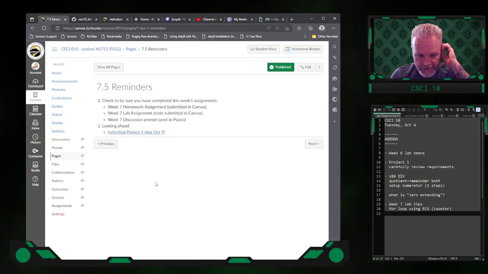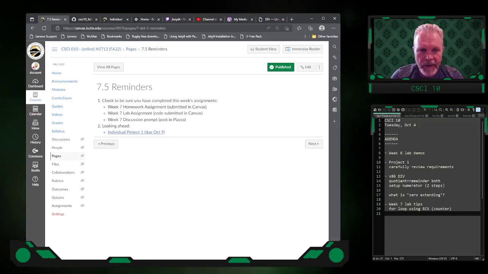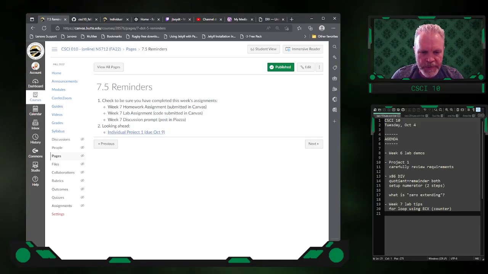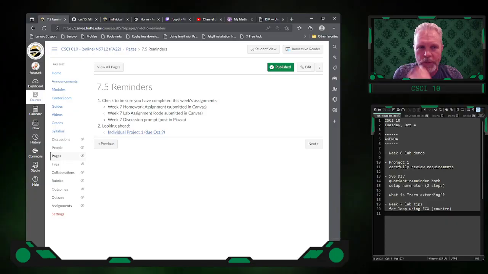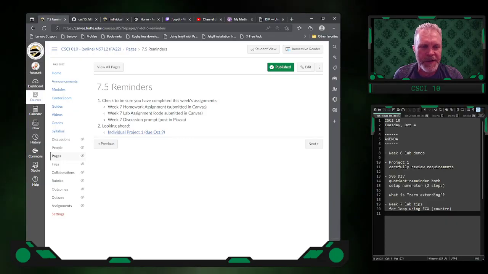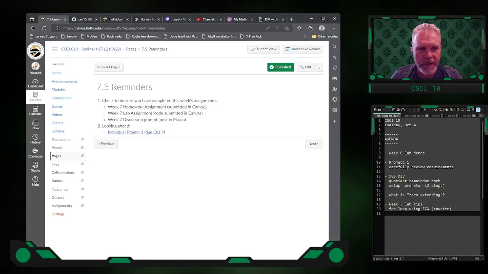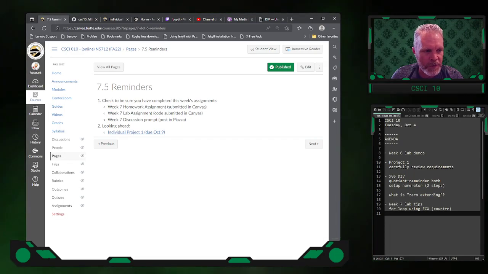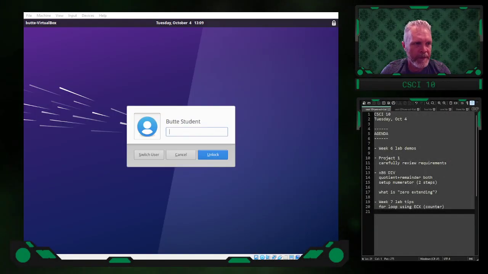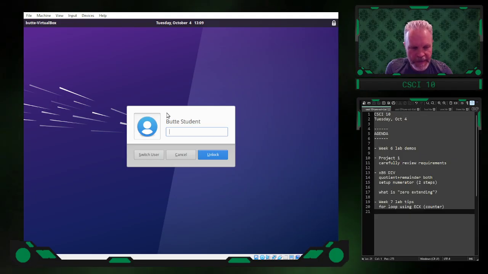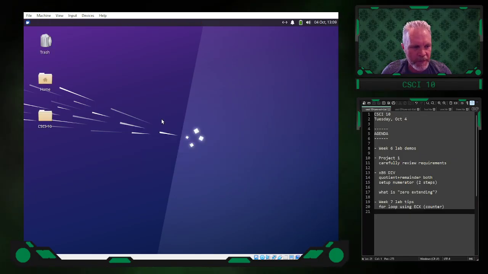Okay, so let's switch gears. I thought I wasn't going to do lab demos this week, but there were some people who put the extra work in, and I feel like I should acknowledge when people put the extra work in on labs. So let me switch over to my virtual machine and run a few demos from this week.